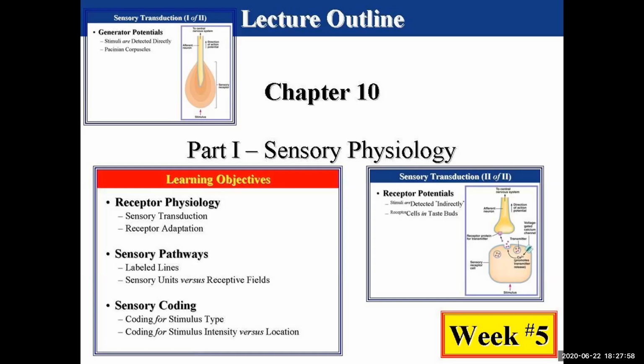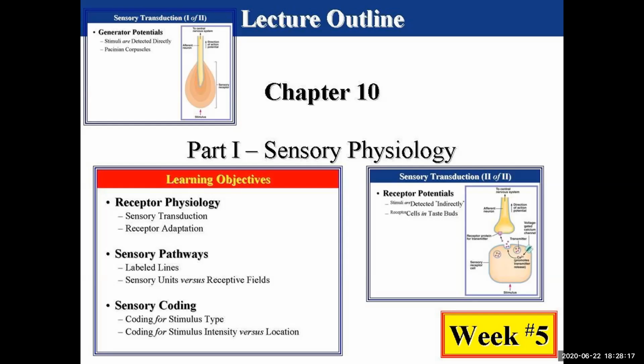within the same recording. In Part 1, we're going to go over sensory physiology, understanding how information is being transmitted to the central nervous system from the peripheral nervous system.